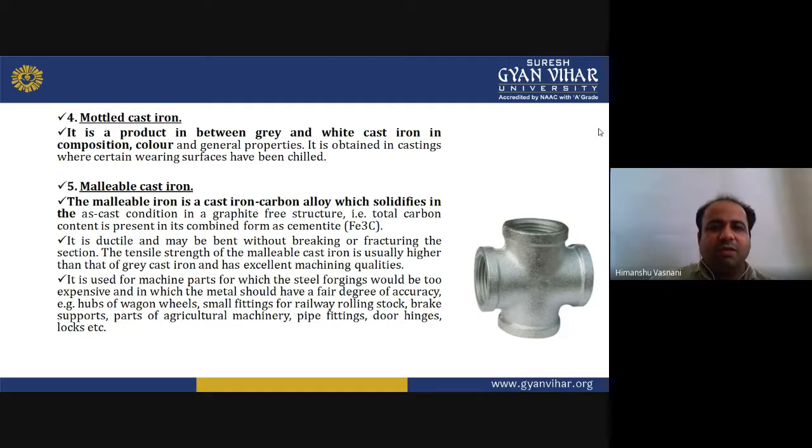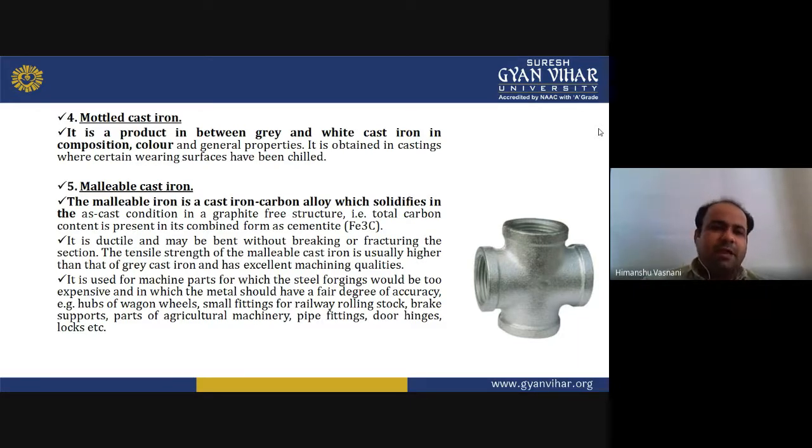So it is used for machine parts for which steel forgings would be too expensive, and in which the metal should have a fair degree of accuracy. Examples are hubs of wagon wheels, small fittings for railway rolling stock, brake supports, parts of agricultural machinery, pipe fittings, door hinges, and locks.